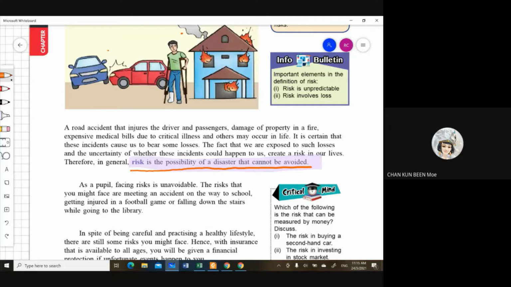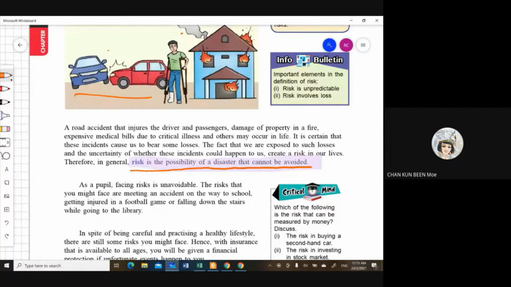Can you avoid a house being on fire? We don't know what will happen, right? Can you avoid the accident? You can just try to drive safely, but you can't avoid people colliding their car into you, bumping into you. We can't avoid that. So it is a disaster that cannot be avoided.